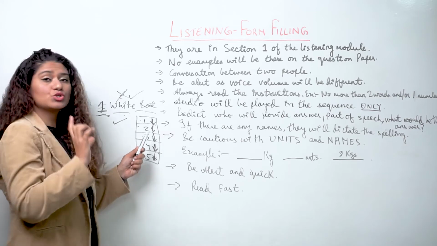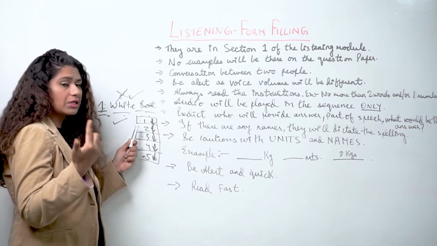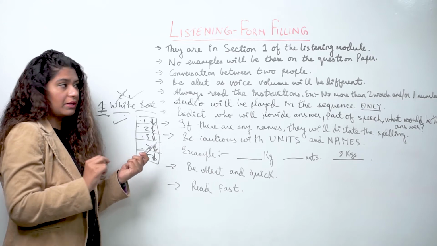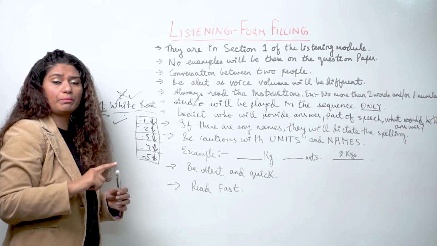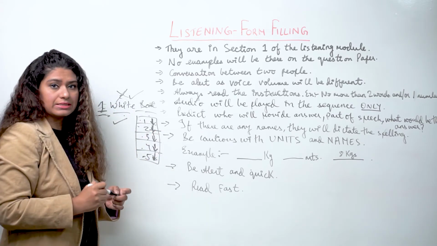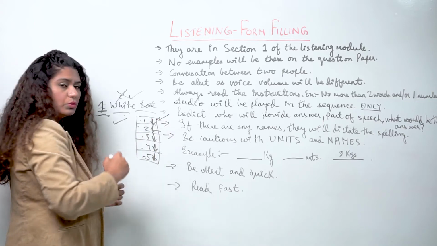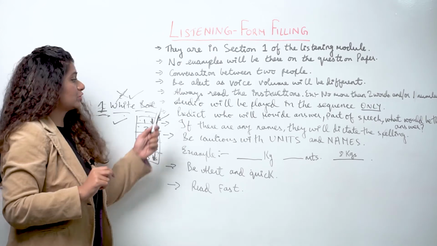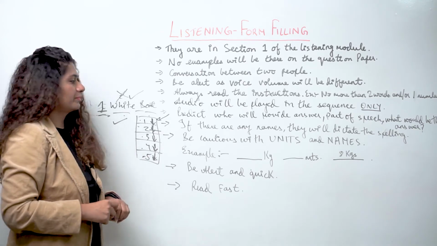While listening to the audio clip, you also need to be alert and spontaneous enough to predict from whom these answers would be coming from both the speakers, what kind of part of speech you will be using in order to write your answer, and what would be the answer. So these predictions should come from you simultaneously when you are listening to the audio clip, given that you have already skimmed through the questions of this form.